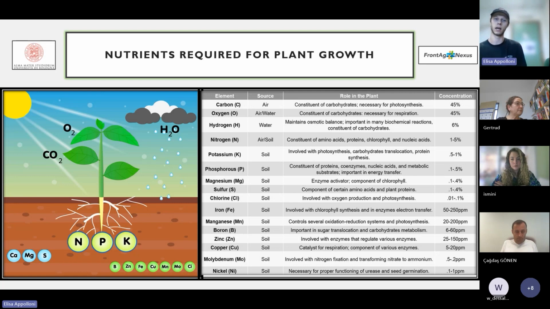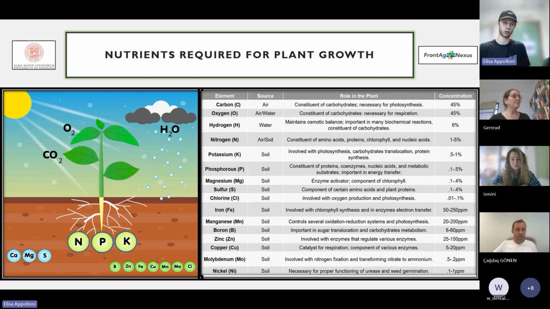On the other hand, we have other nutrients that are fundamental for the growth of plants, and without them, the plant would not grow or would have very stunted growth. We divide them into three different types of nutrients based on the quantity required by the plant.